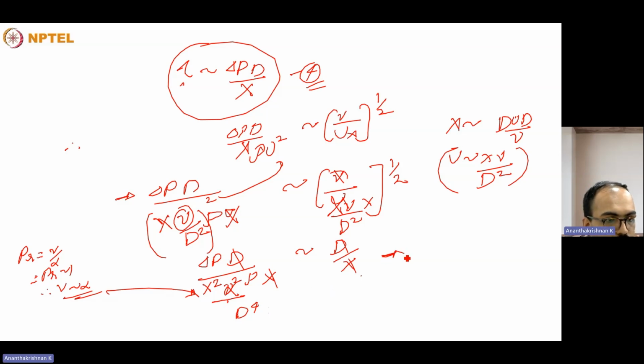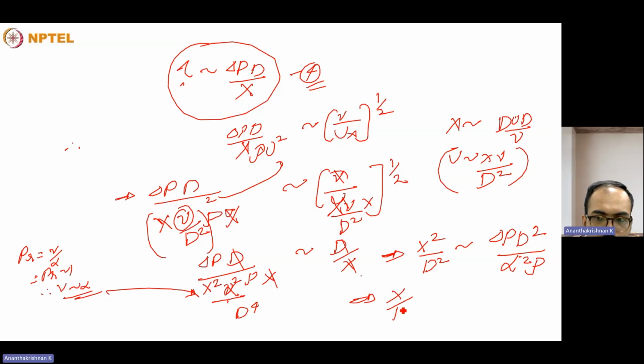So taking x and d on the right hand side, you can write it as x squared divided by d squared is of the scale of delta p d squared divided by alpha squared rho.